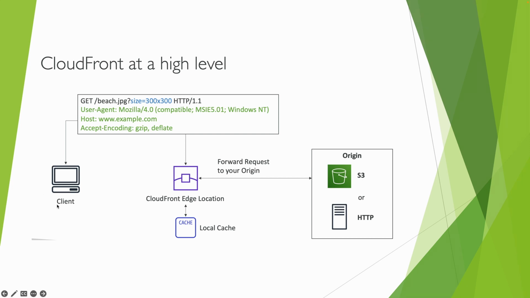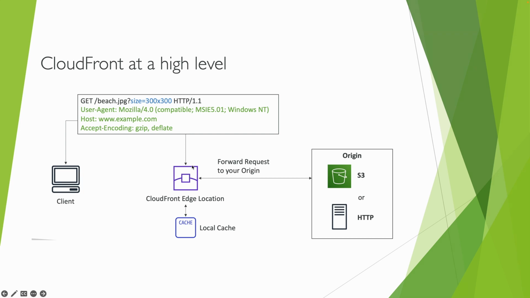Say this is your client system, or it may be your mobile or laptop. When you make an HTTP call requesting a web page, say I want /beach.jpg, this particular file, it will go to CloudFront and check whether this particular page is available in CloudFront or not.